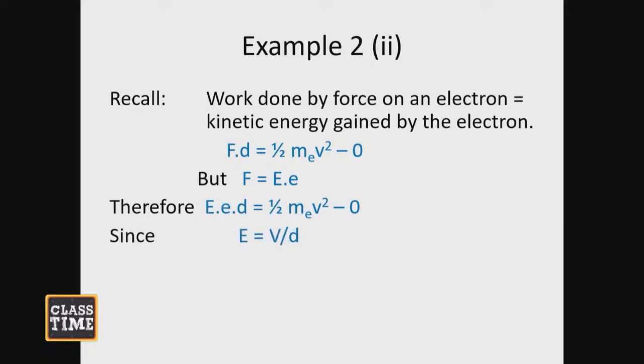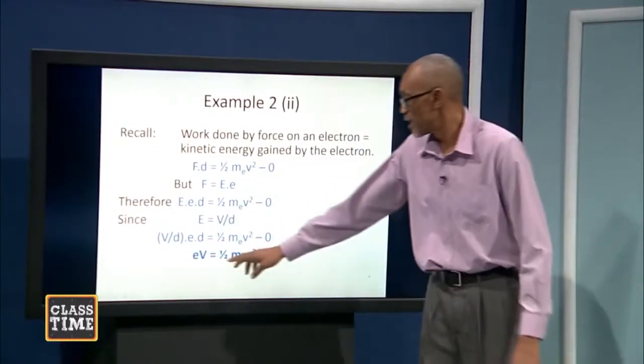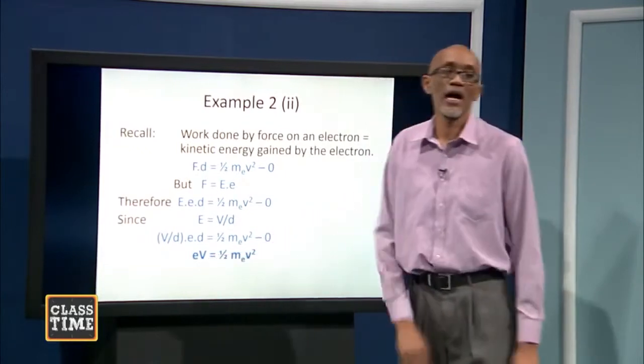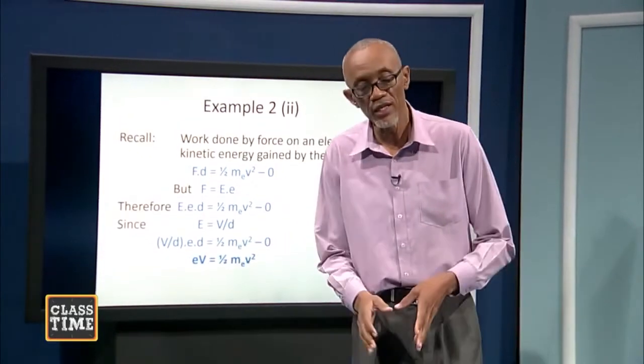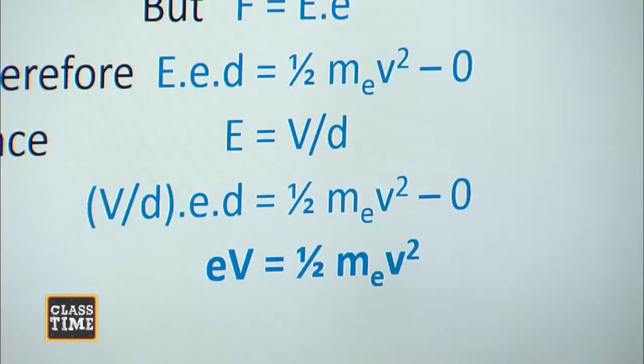And since E is equal to V over d, this capital E is equal to V over d, we will substitute there, and so you'll get V over d times that, and we will end up with this: eV is equal to half m_e v squared.